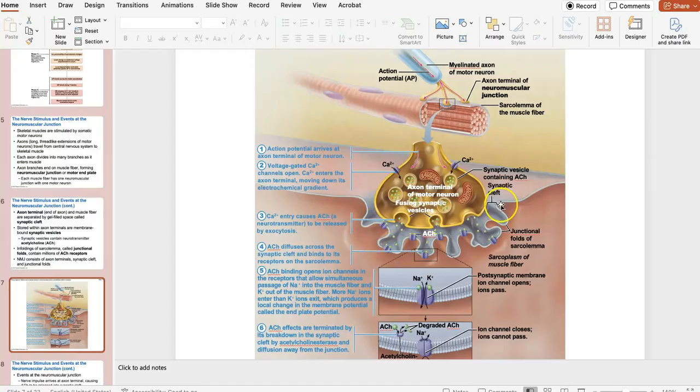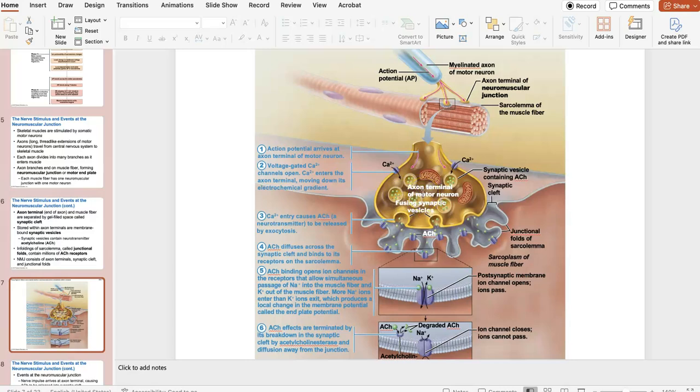This specific area of the sarcolemma is called the motor end plate, and the wrinkly portions are called junctional folds. On the junctional folds, we can find the acetylcholine receptors. That's where acetylcholine will bind once it's released from the axon terminal of the motor neuron.